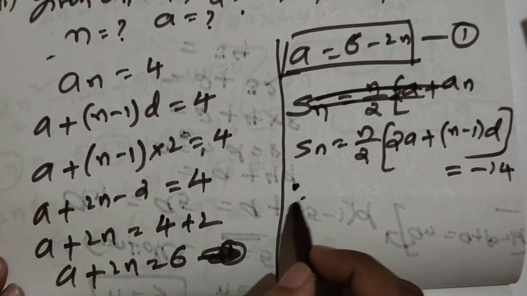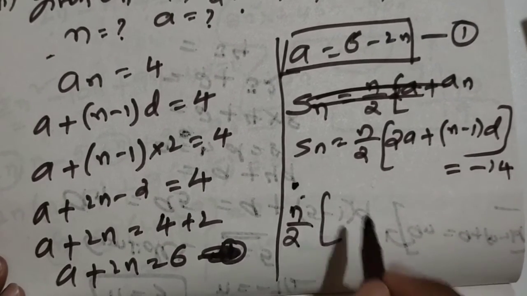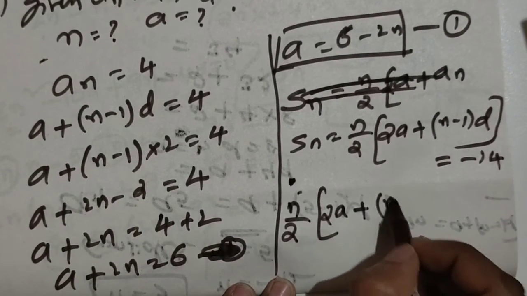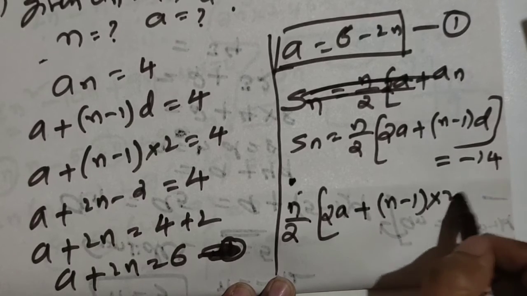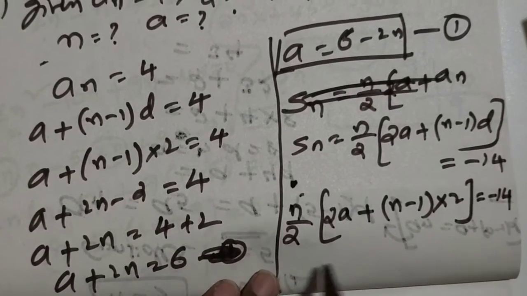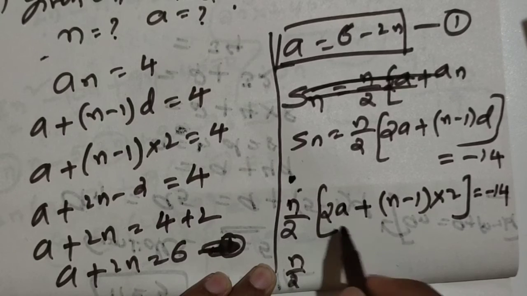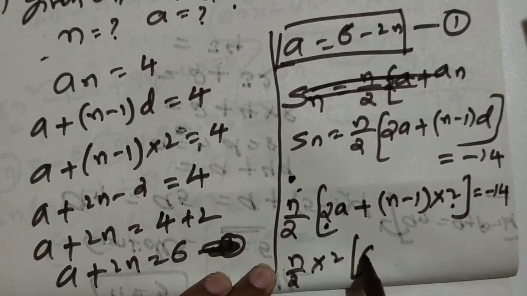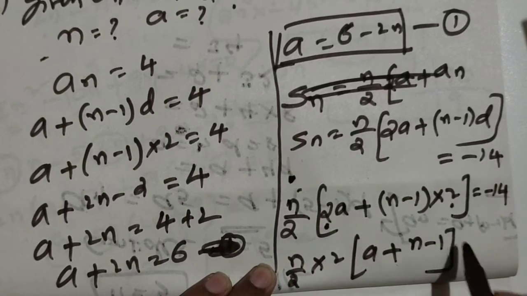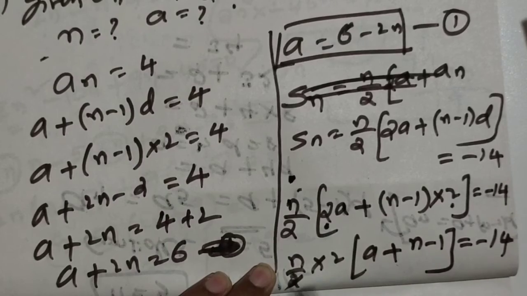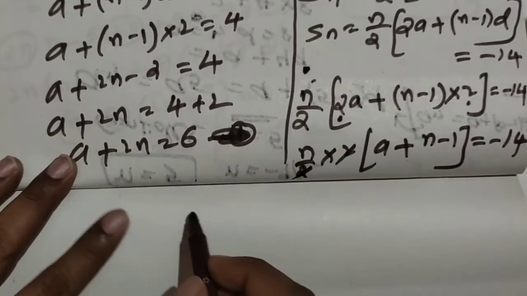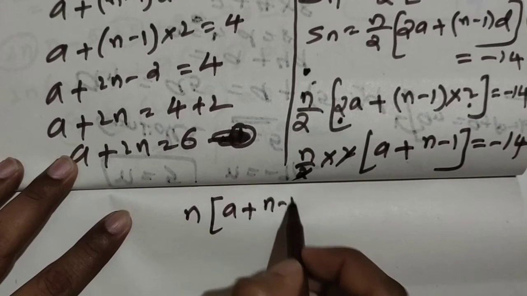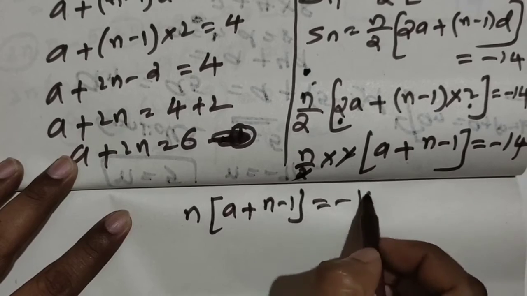Already we have n by 2 into a plus, first substituting d value, n minus 1 into 2 is equal to minus 14. So n by 2 into, in this we have 2 common, take this outside, 2 into a plus n minus 1 is equal to minus 14. We can cancel 2 here. Then we get n into a plus n minus 1 is equal to minus 14.